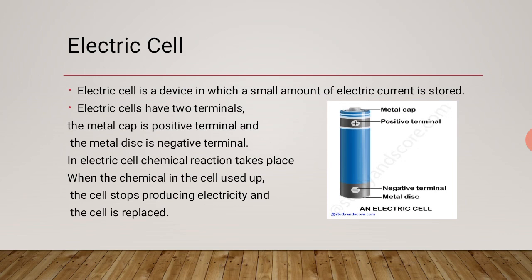You must have seen that electric cells have two terminals, positive and negative. An electric cell has a metal cap and a metal disc. The metal cap is the positive terminal of the electric cell and the metal disc is the negative terminal.